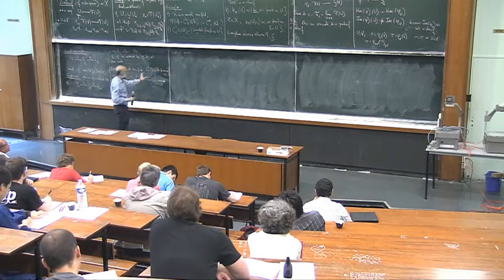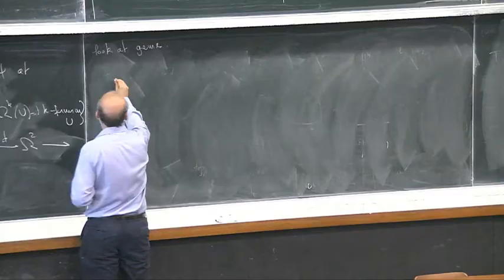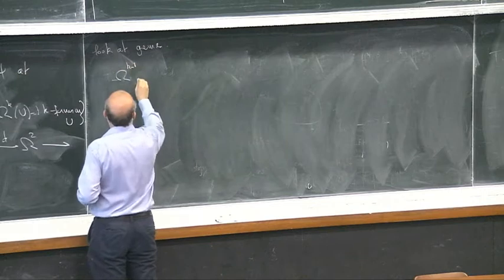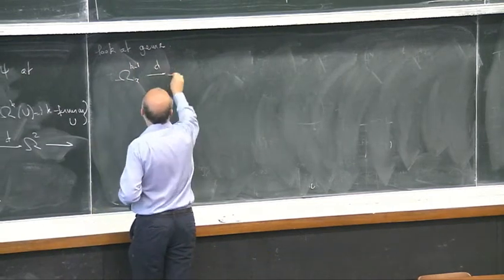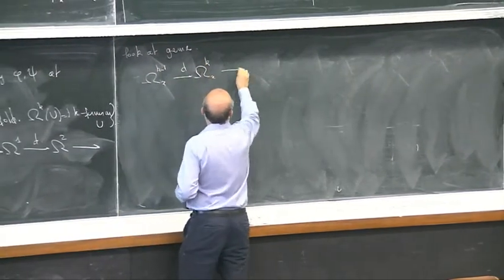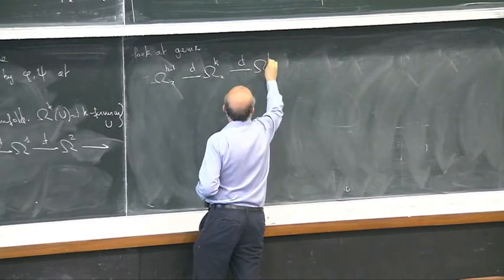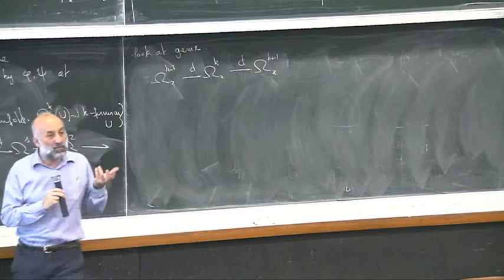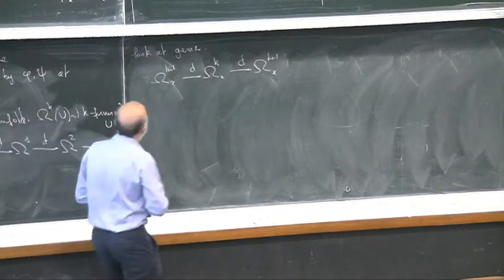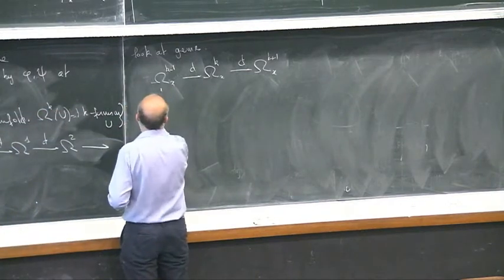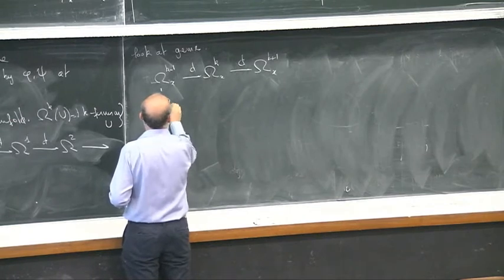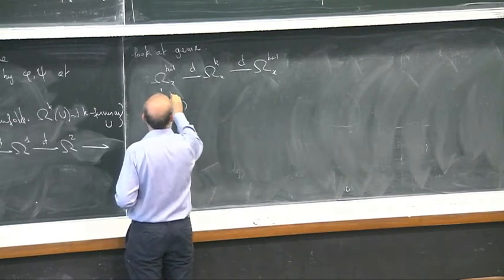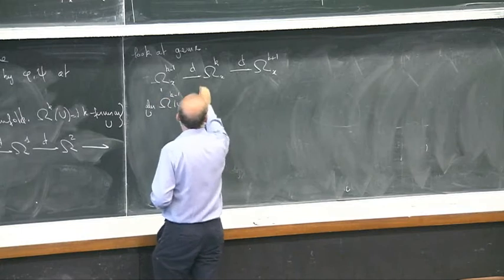Let's just look at one piece here. What am I doing here? This is just the limit over U of omega k minus 1 of U. This is the differential.